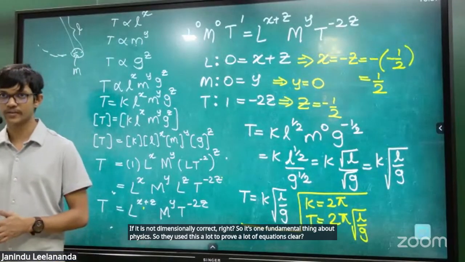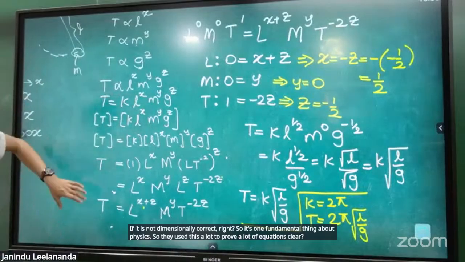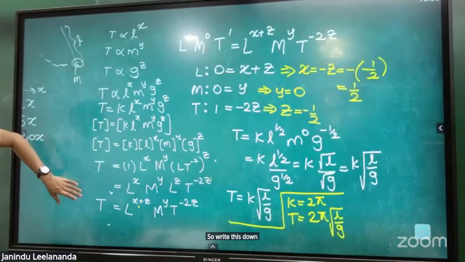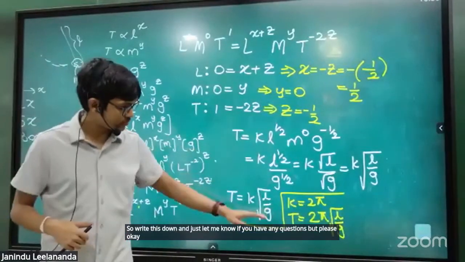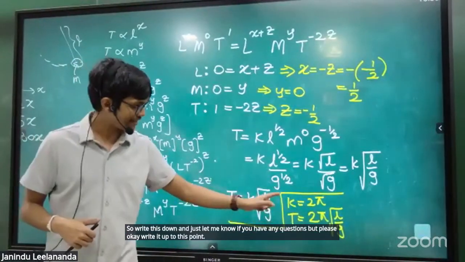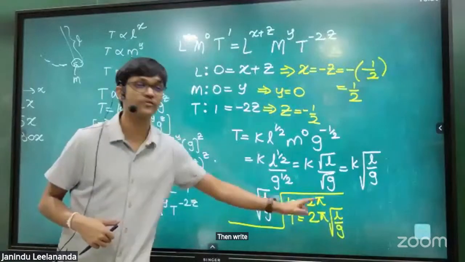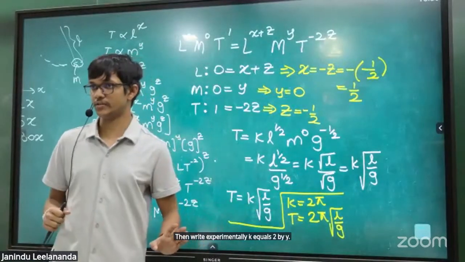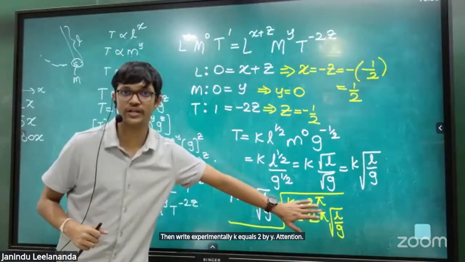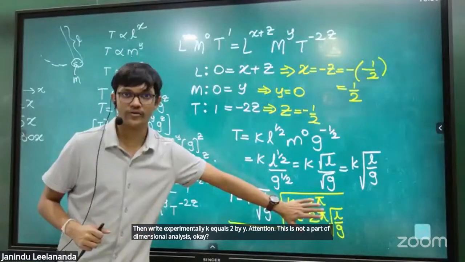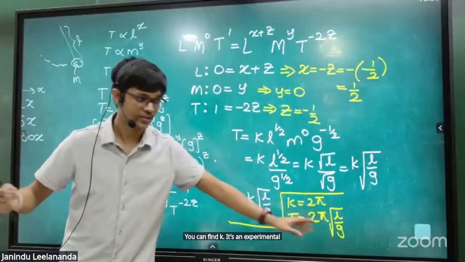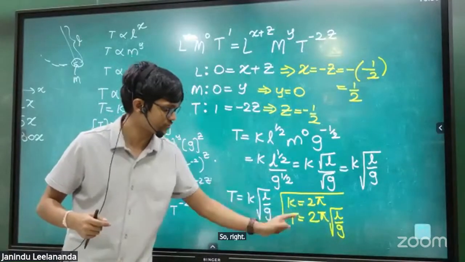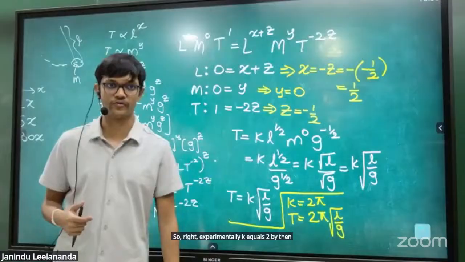Clear? So write this down and let me know if you have any questions. Please write it up to this point. Then write experimentally k equals 2 pi. Attention, this is not a part of dimensional analysis. You can't find k. It's an experimental procedure after that. So write experimentally k equals 2 pi, then T equals 2 pi root L over g.